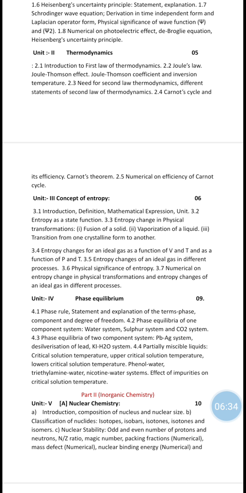Then you know what entropy is. You have learnt it in 12th standard. Entropy means nothing but randomness, or disorder.